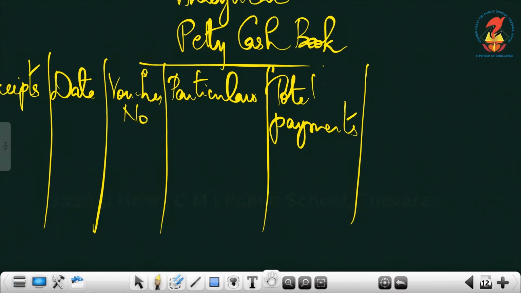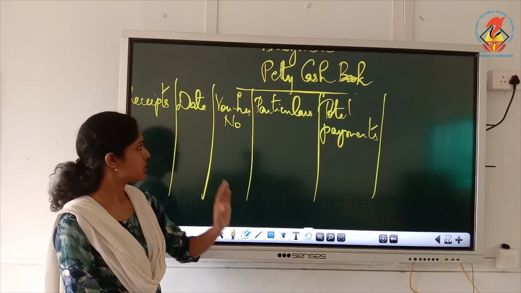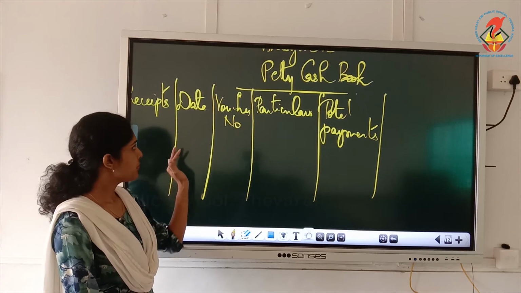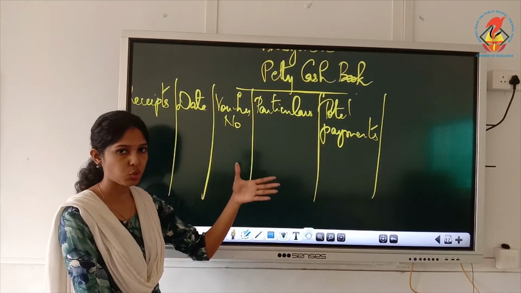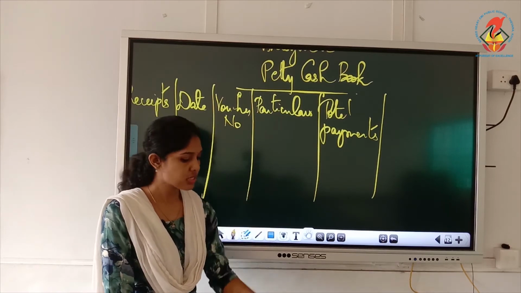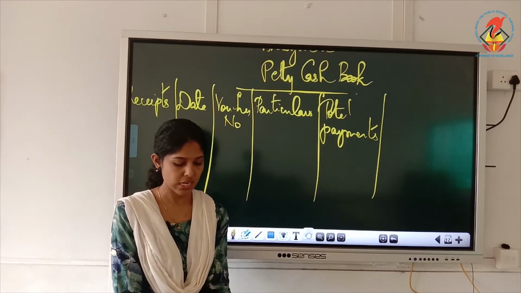These 5 columns will be common for every question. You have a receipts column, date, voucher number, particulars, total payments. This you can draw for every question. Rest, depending on the question, you will have to make slight changes.